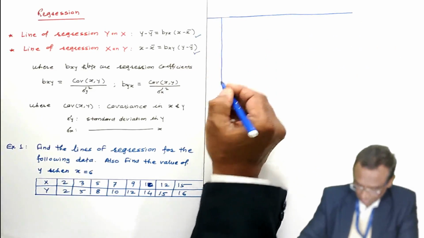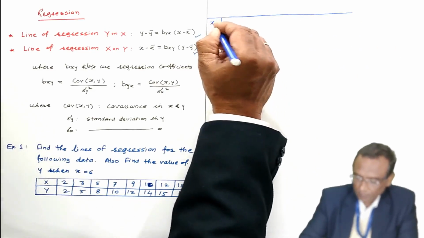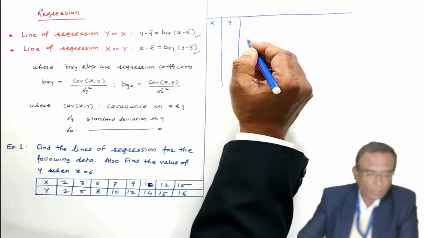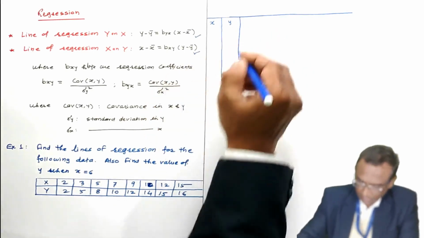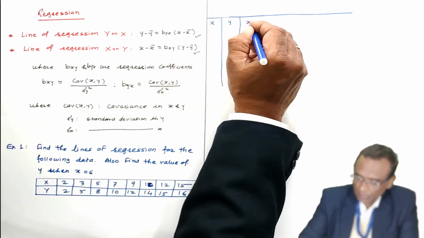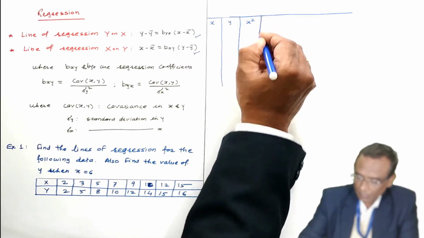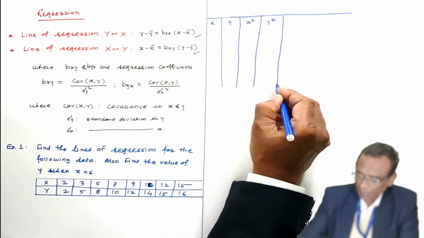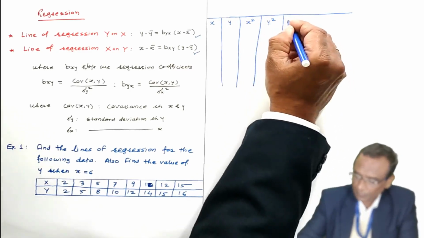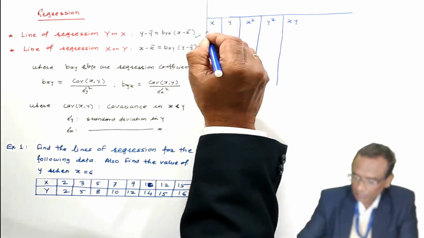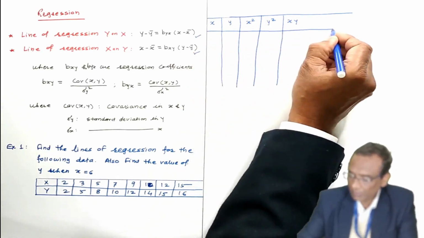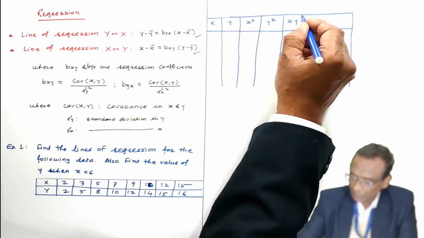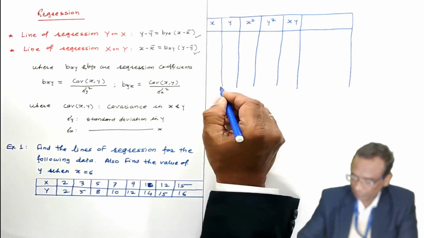The first column is x, y, then x square, y square and x into y. Yes, you can use mean deviation or standard deviation also here.